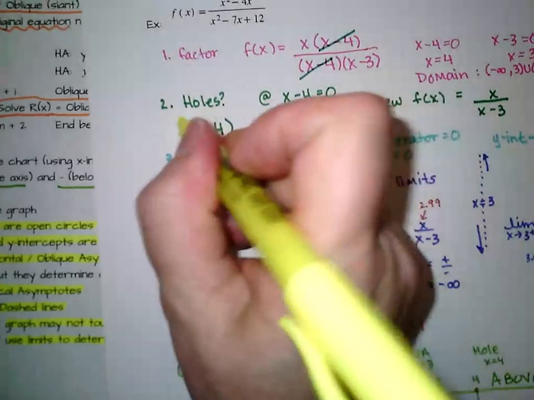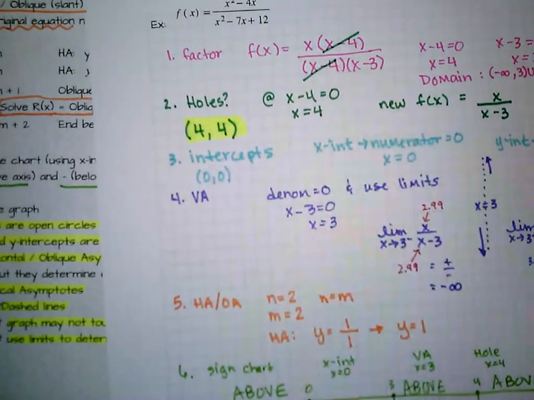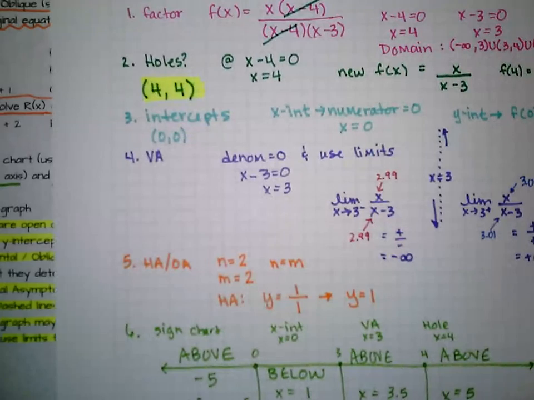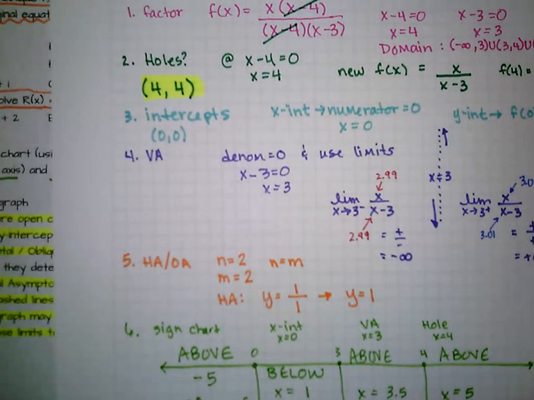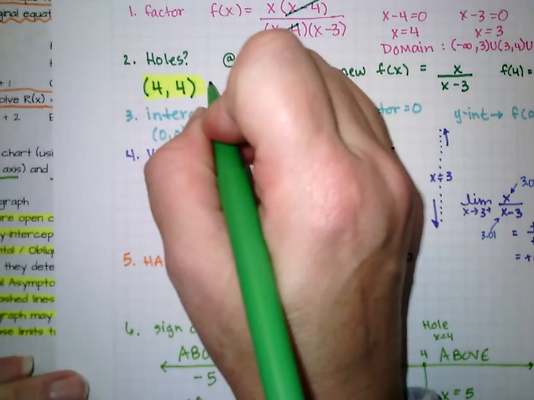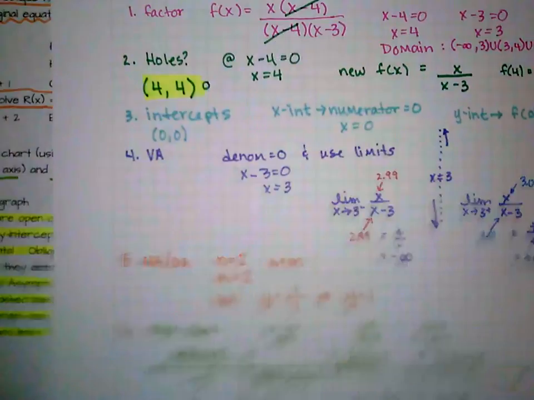The holes, that is going to go on as an open circle. So 4, 4 is going to go on my graph as an open circle. Let's find that on our graph paper. Good gravy, I don't even have axes drawn on here. Let's do that.